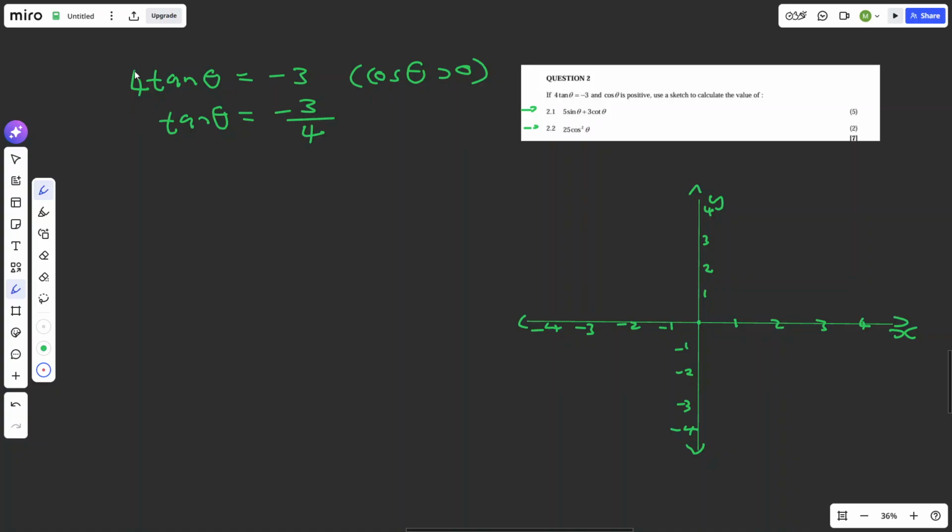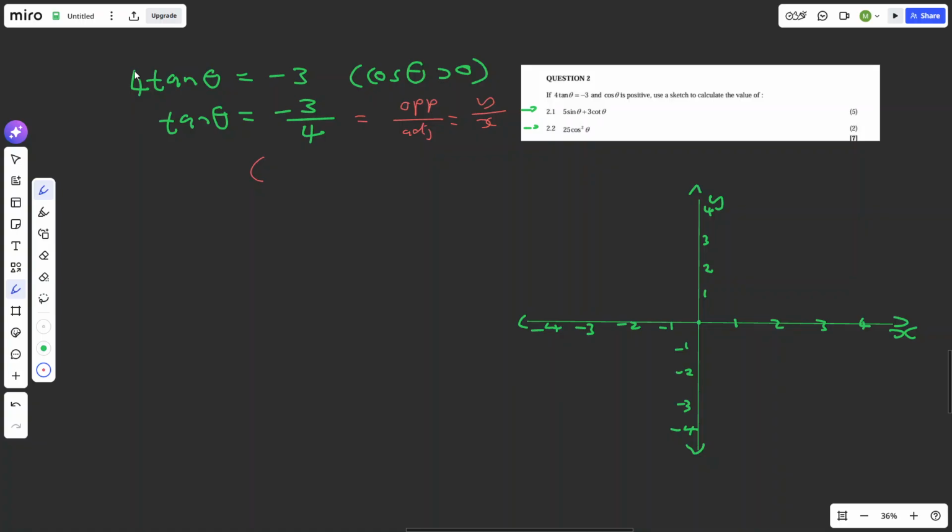Because the possible values here, the coordinates would be, because tan theta is basically opposite over adjacent, in other words, it's y over x. But we don't know which sign is the negative sign.